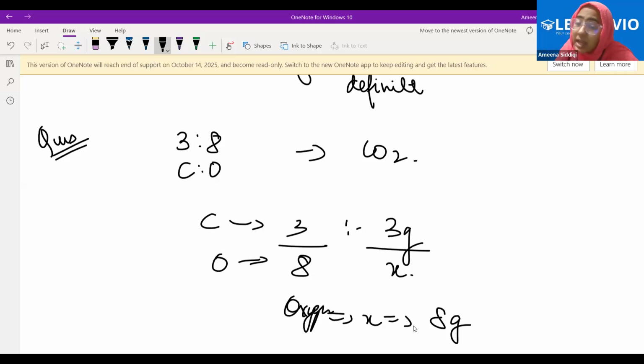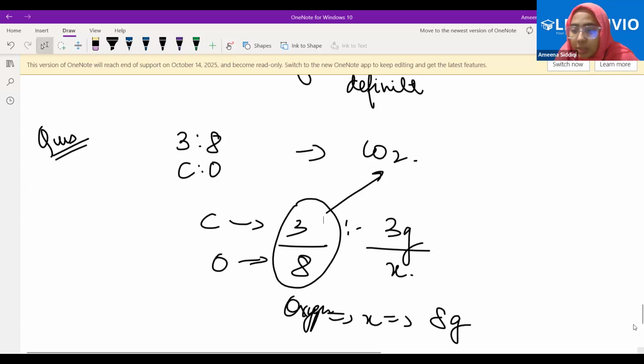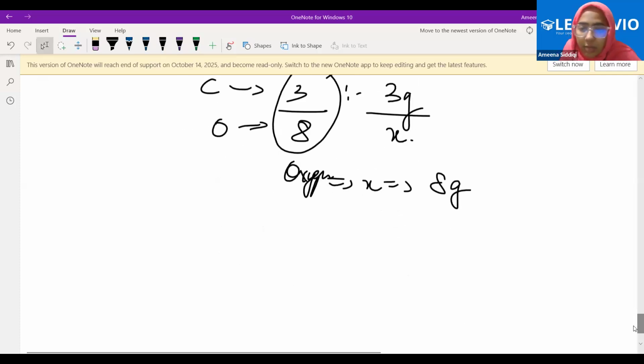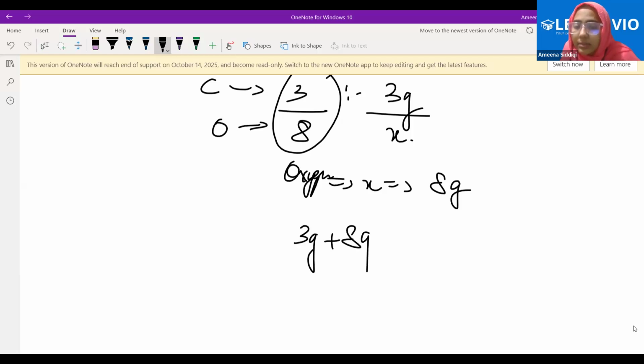Even if we have 100 grams of oxygen, it will just react with 8 grams, because the ratio to form carbon dioxide is 3:8. Are you getting this? Yes, ma'am. So if we have 3 grams of carbon plus 8 grams of oxygen, how much carbon dioxide do we get? 11 grams of carbon dioxide.